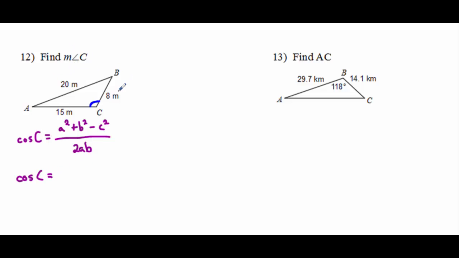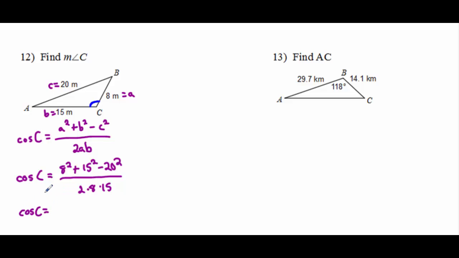Now I need to figure out which is A, which is B, and which is C. So 8 squared plus 15 squared minus 20 squared over 2 times 8 times 15.